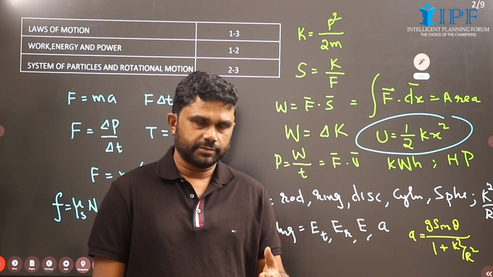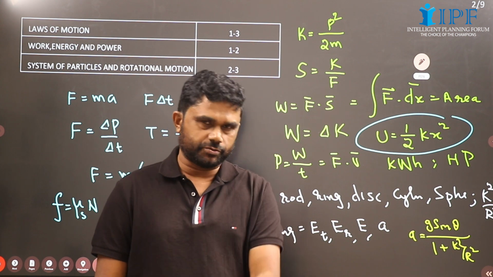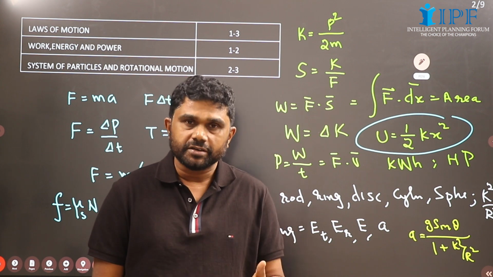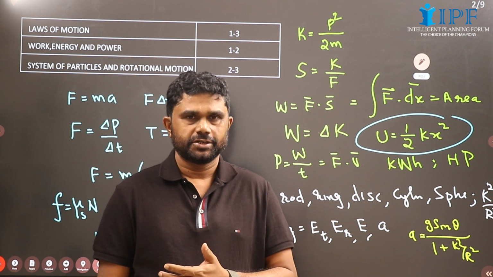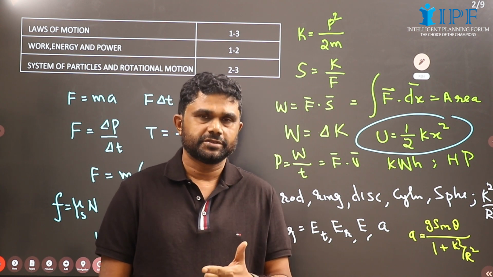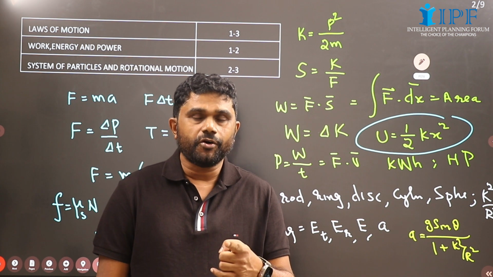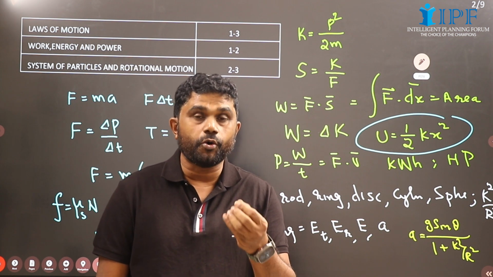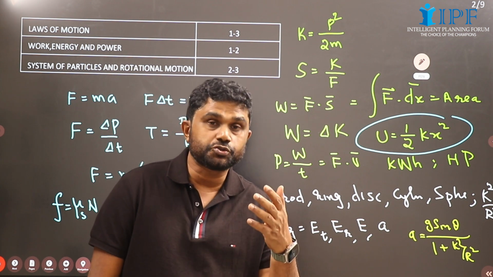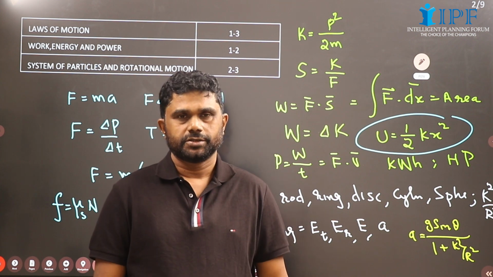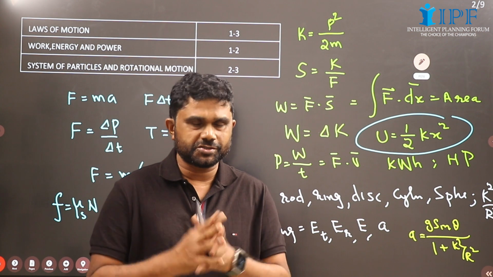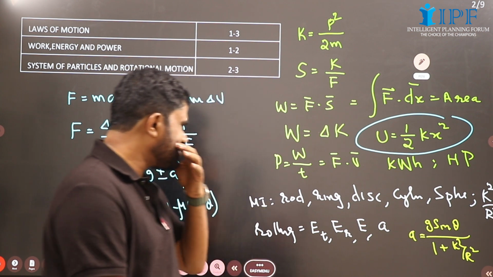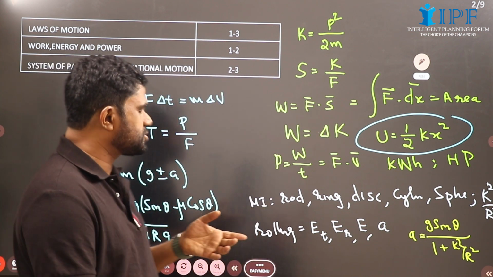Ring: moment of inertia is mr square, so k square by r square is 1. Solid cylinder: moment of inertia is half mr square, so k square by r square is half. Spherical shell, or hollow sphere: the moment of inertia is 2 by 3 mr square, so k square by r square equals 2 by 3. I hope you understood.